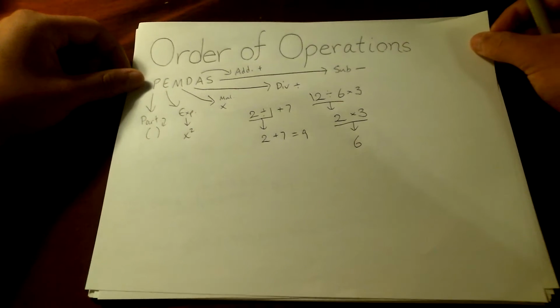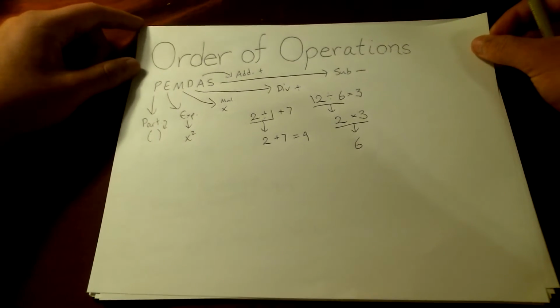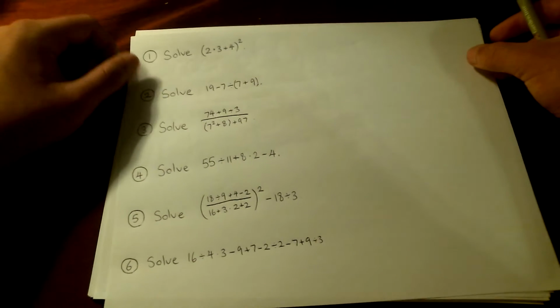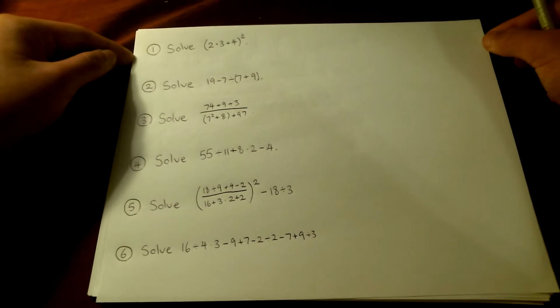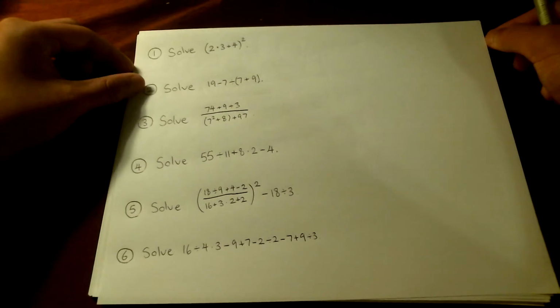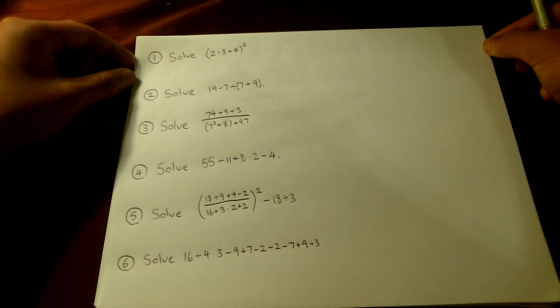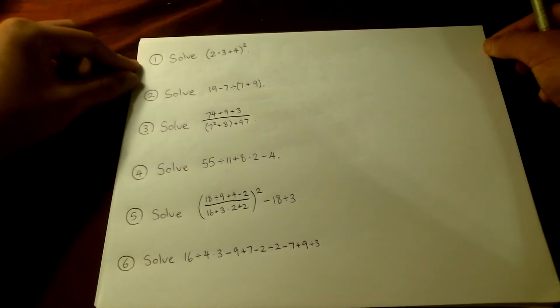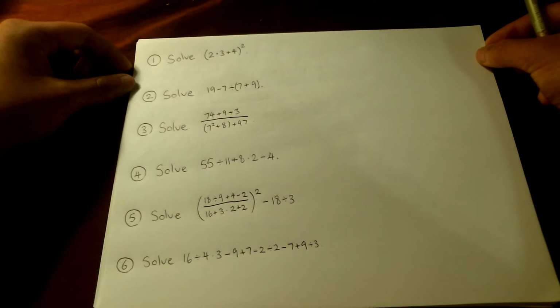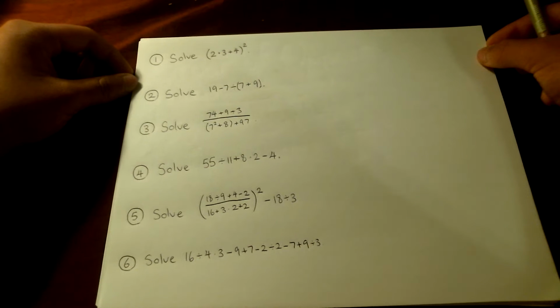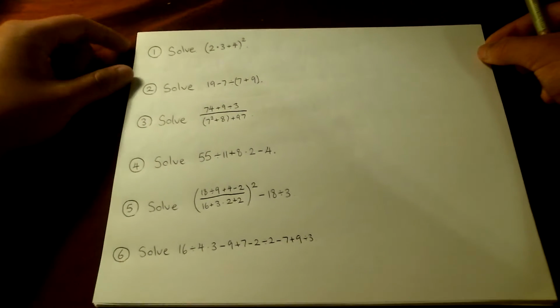All right, let's try a few problems regarding this topic. All right, let's first solve the first one, which asks for us to solve 2 times 3 plus 4, and all of that is squared.